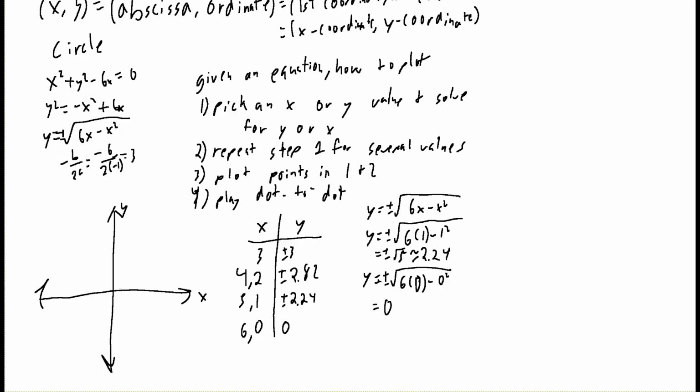Okay, well, 1, 2, 3, 1, 2, 3, 1, 2, 3, 4, 5, 6. Got a point there, got a point here, up 2.24 is there, down 2.24, about there. 2.82 is about there, and there, and then 3 is there, and there, and then come back down the other side.